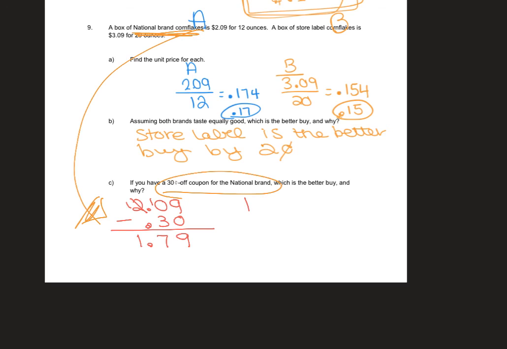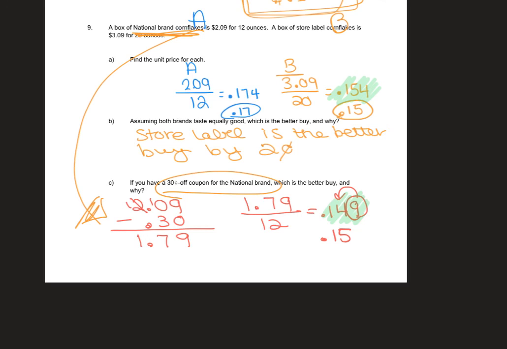$1.79. So now I'm doing 179 divided by 12. And now it's 0.149. And that is 0.15, however, rounded. Again, think about what we talked about in that last one. This is 0.149 not rounded. This is 0.154 not rounded.